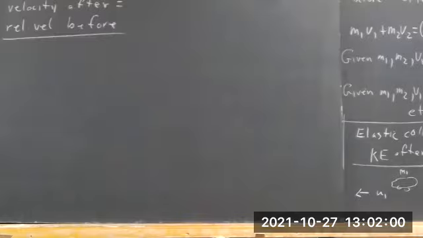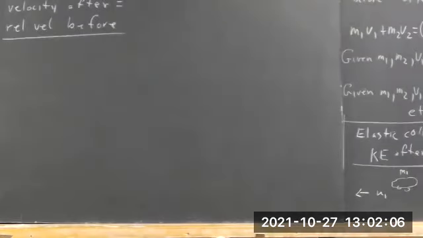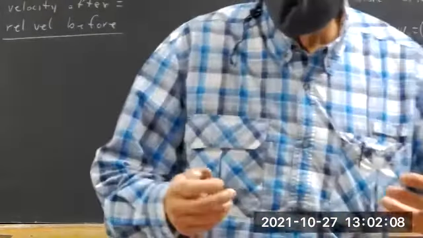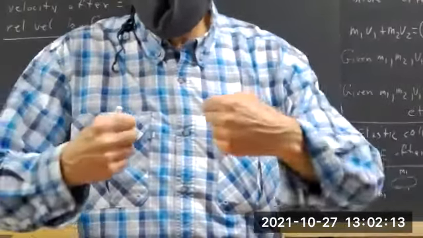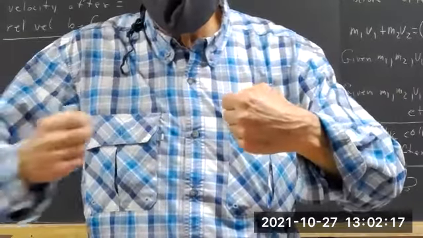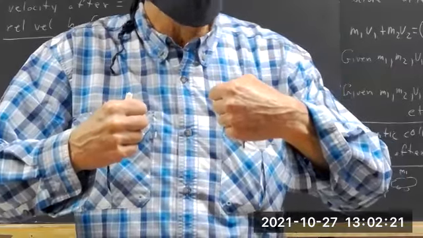Now, what's the relative velocity? If, I'll just gesture with my hand, this cart is moving toward this one, and this one's moving at 2 meters per second, and this one's moving at 3 meters per second, what's the relative velocity?